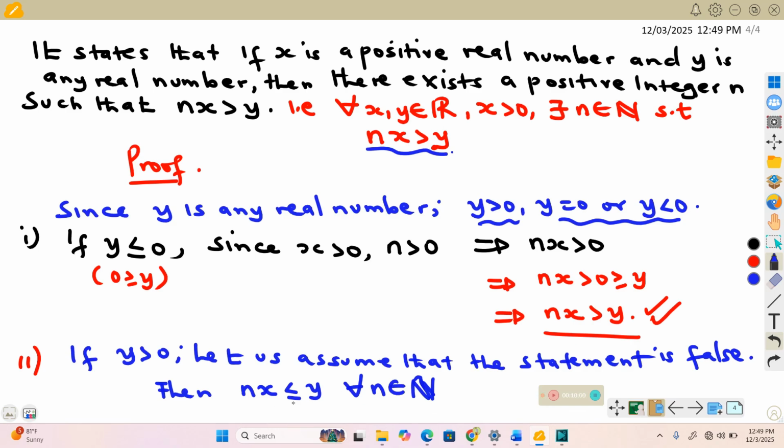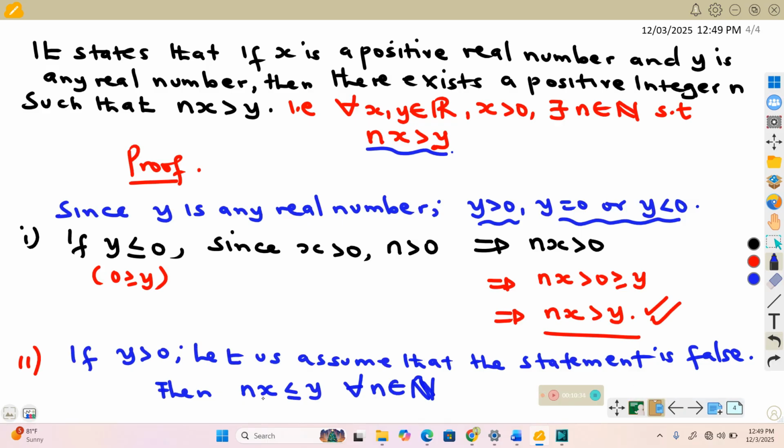So we shall prove this by contradiction. We are saying that if y is greater than 0, let us assume that the statement is false. And if this statement is false, it means for every n that you pick from the set of natural numbers, this statement will not be true. So the statement will be nx less or equal to y for every n that you pick. Okay, so let us go on.